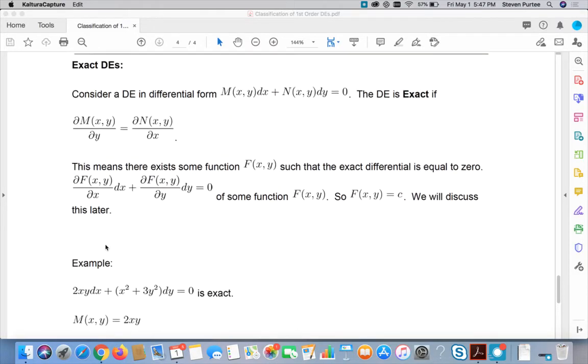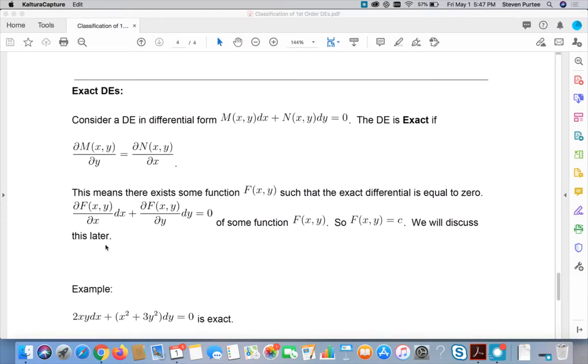Okay, and then finally, exact differential equations. We'll spend a day talking about these. Once this clicks for you, these are actually really easy to solve. It's just kind of a weird concept. So in differential form here, we've got this function that might depend on x and y, dx, plus another function that might depend on x and y, dy equals 0.